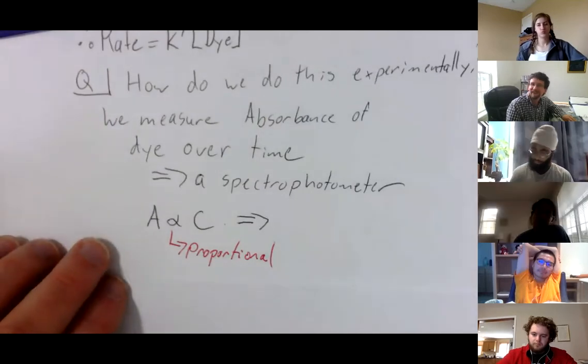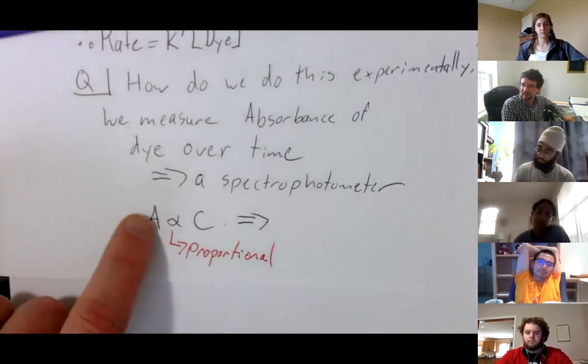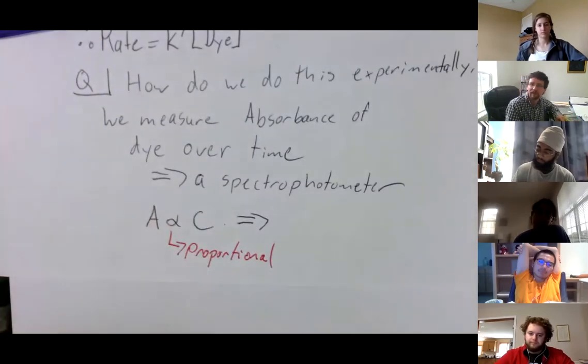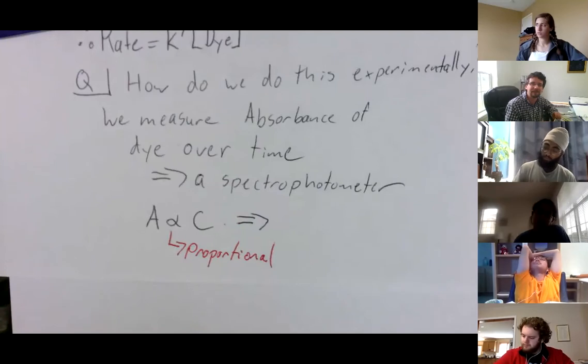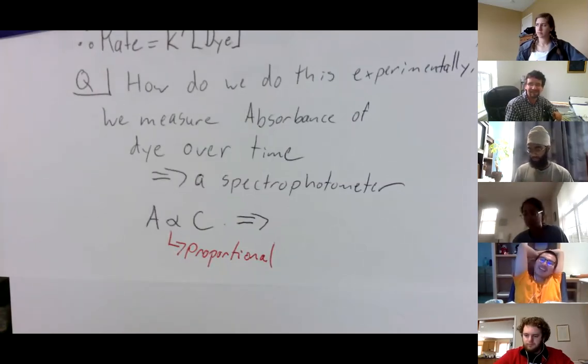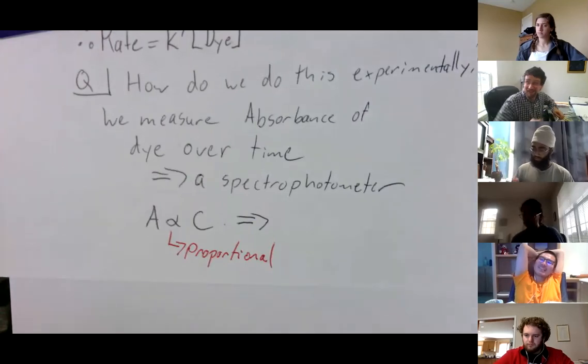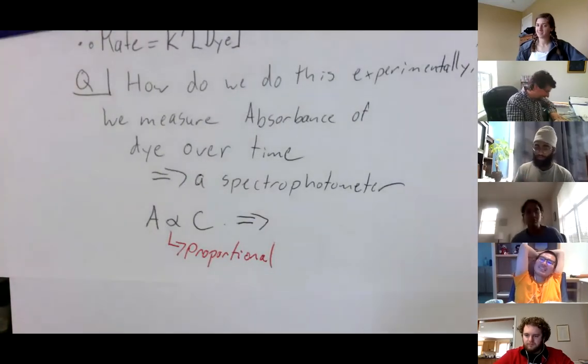Or anybody have an idea of a law that can be used that relates absorbance and concentration to one another? I'll give you a hint, starts with a B and ends with an ear, Beer's law. Yeah, there we go.